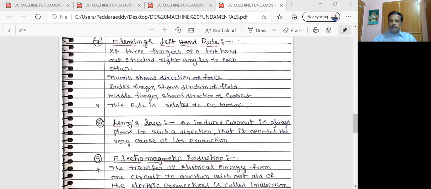Okay, so an induced current always flows in such a direction that it opposes the very cause of its production. That means wherever EMF is induced, its direction is opposite to the direction of the current that caused the induction.